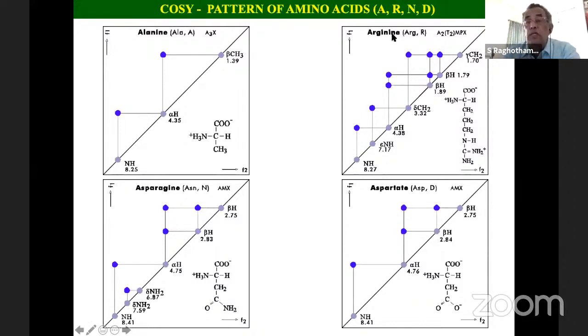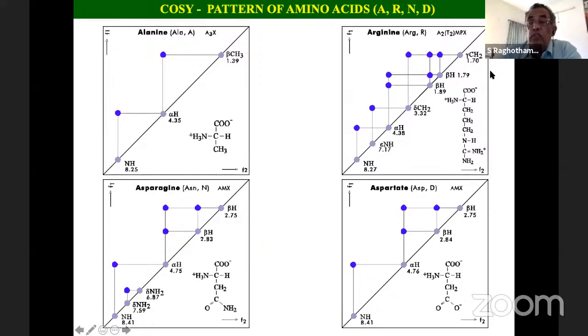This pattern is very useful for automation purposes, and even for manual assignment. You can simply look at these patterns and pull out which residue it is in a complicated spectrum. Now, arginine looks so complicated, but it's not. When I show you the real spectrum, you will understand that. There is a series of connectivities from NH to the alpha, to the beta, to the gamma, to the delta. There is another edge in the side chain, called the side chain NH, and you can retrace back.